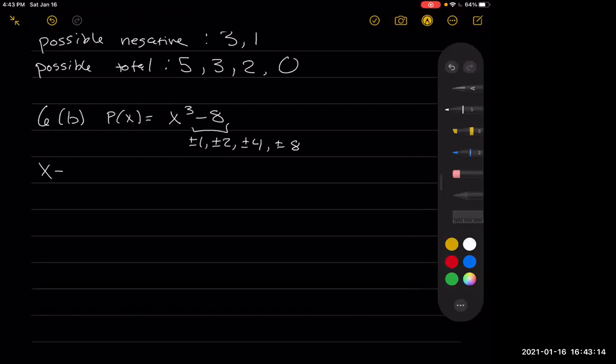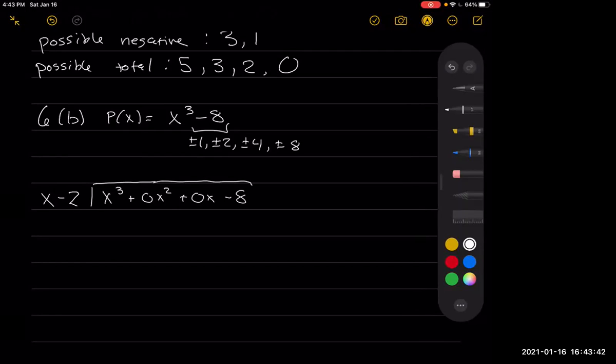Oops, I actually should lower this a bit. And remember, when a positive 2 is our zero, we're going to write it as x minus 2. So then we have an x cubed plus a 0 x squared plus a 0 x minus 8.